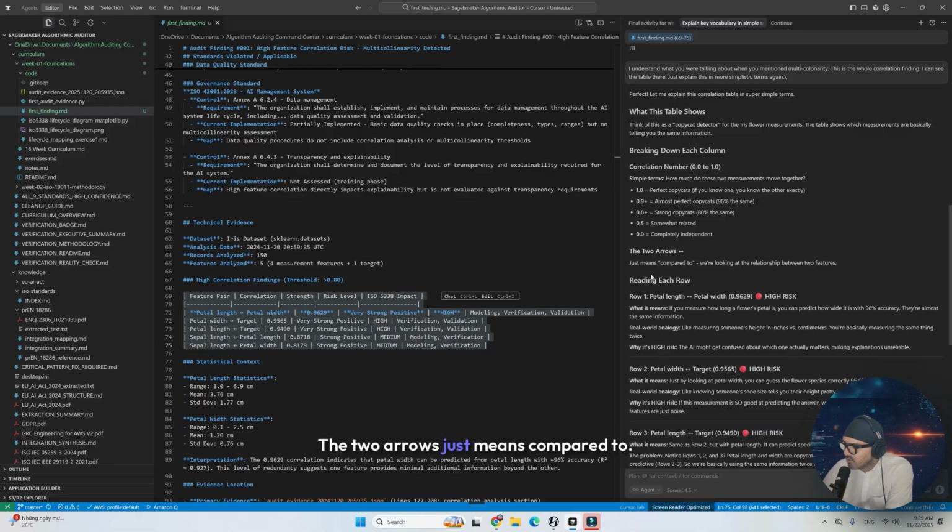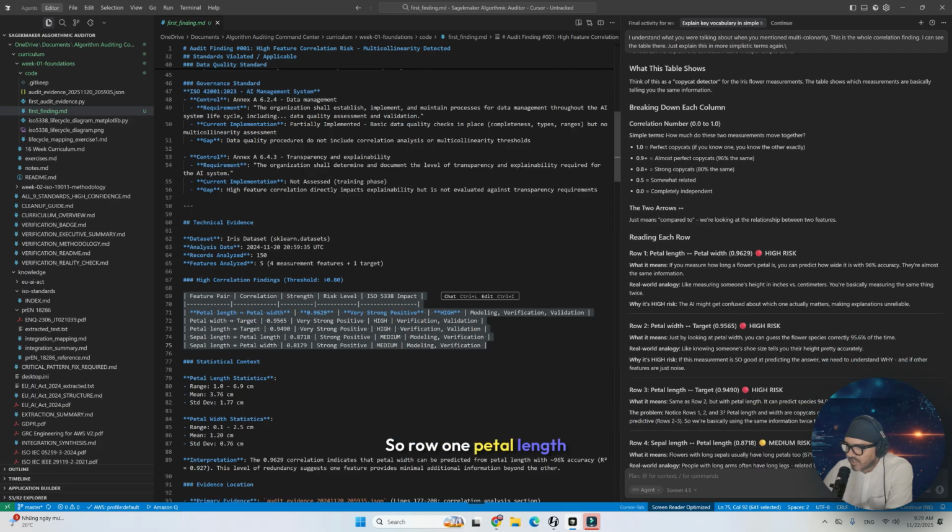The two arrows just mean compared to. Okay, got it. We're looking at the relationship between the two. So row 1, petal length, 0.9629. Where's that gone? Okay, yes, that one's highlighted already.